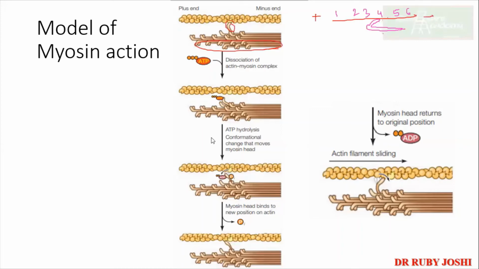Now ATP is bound to your myosin, right? So this results in the dissociation of actin and myosin interaction. So what will happen later? ATP hydrolysis happens. ATP hydrolysis हो रहा है तो आपका ये जो shape है myosin का ऐसे हो जाएगा, different way, ठीक है, दूसरा way में हो जाएगा.